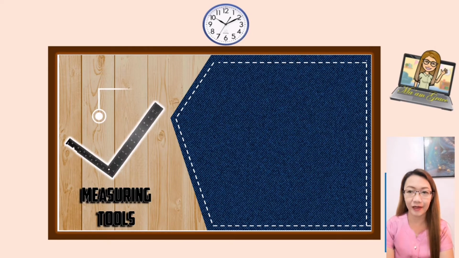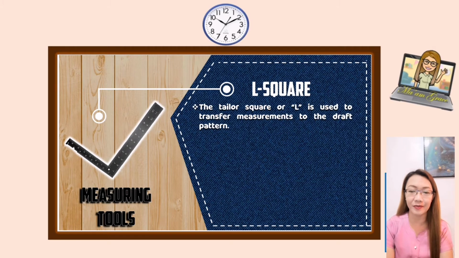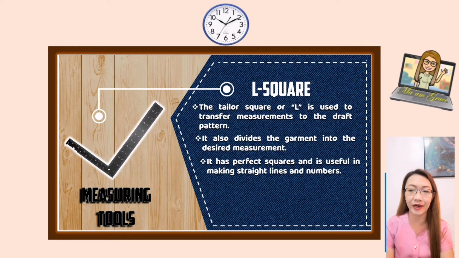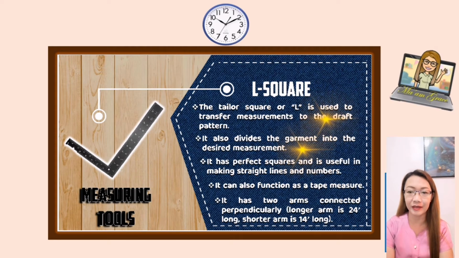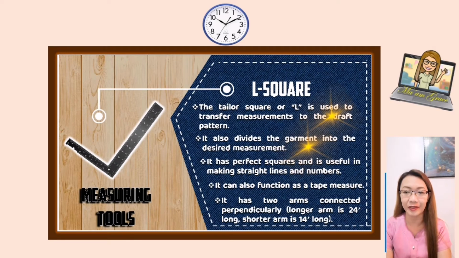Next, the all-square, or the tailor's square. It is used to transfer measurements to the draft pattern. The tailor's square is the same as the all-square. It divides the garment into desired measurements. It has perfect squares and is useful in making straight lines and numbers.